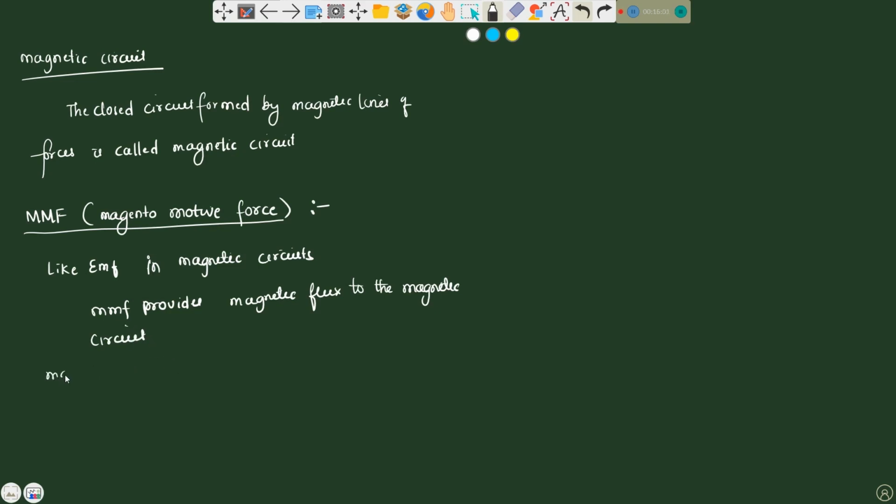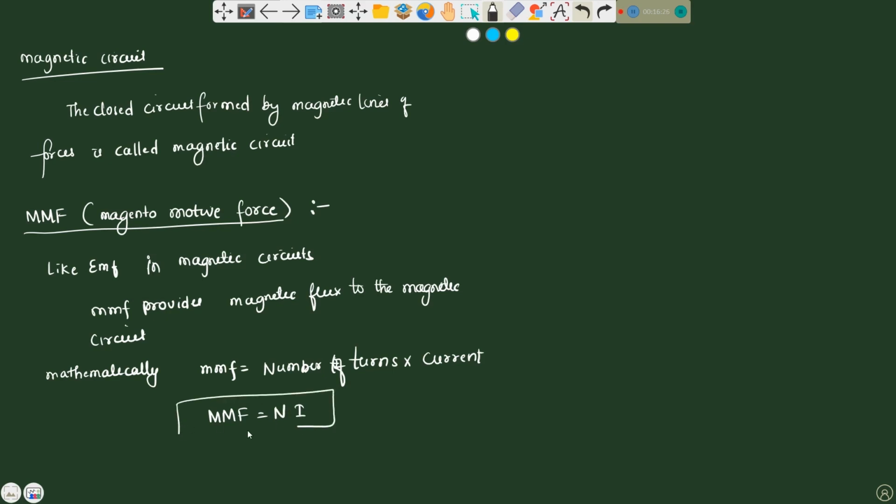Mathematically, MMF is equal to number of turns into current, that is MMF equals Ni. What is the unit? Ampere turns.